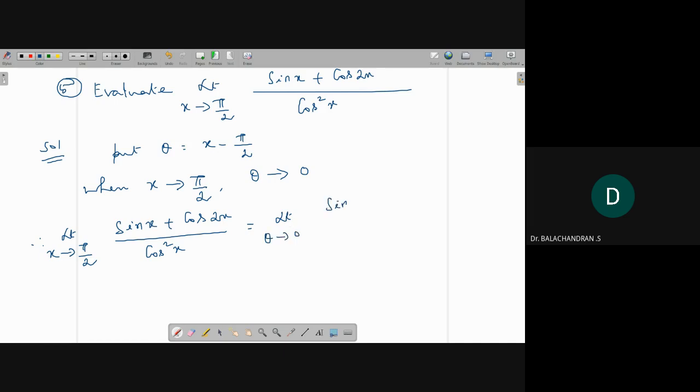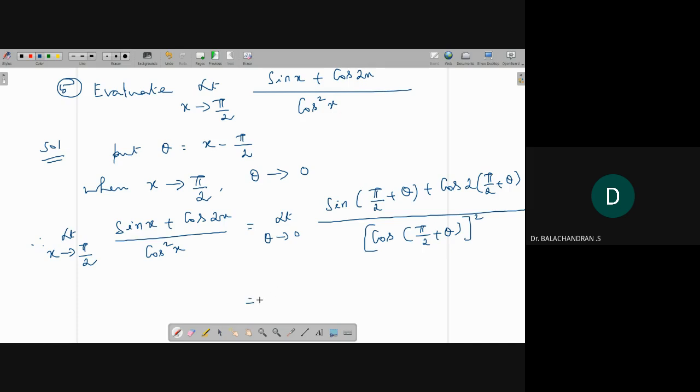And then what is x? x is equal to pi by 2 plus theta. So we have sin of (pi by 2 plus theta) plus cos 2 into (pi by 2 plus theta), divided by cos square x, where cos x is cos of (pi by 2 plus theta), and then this is whole square.